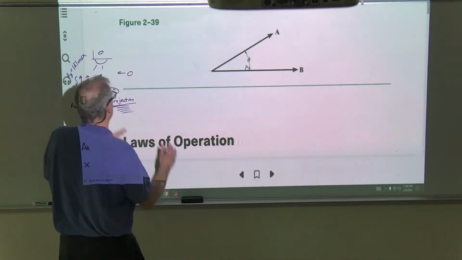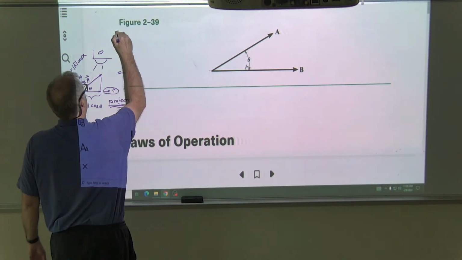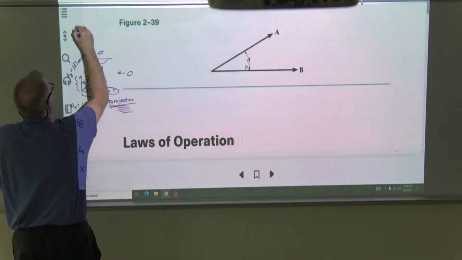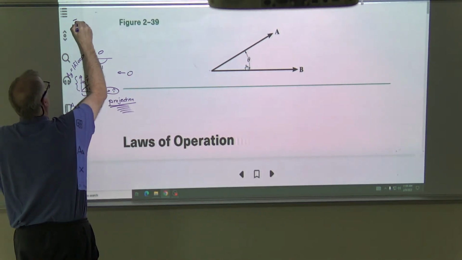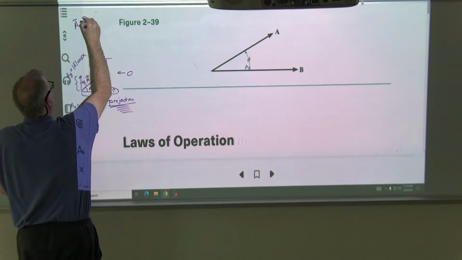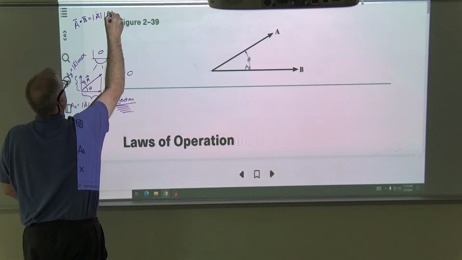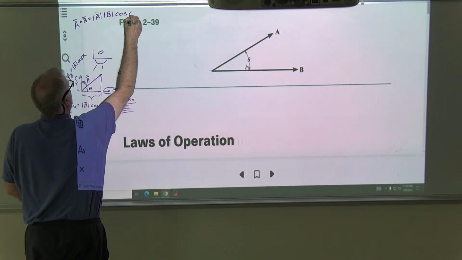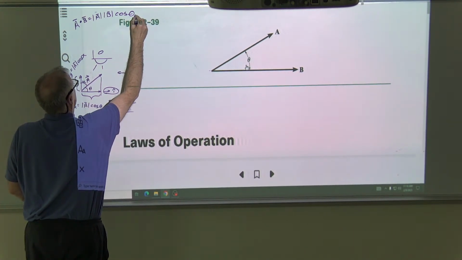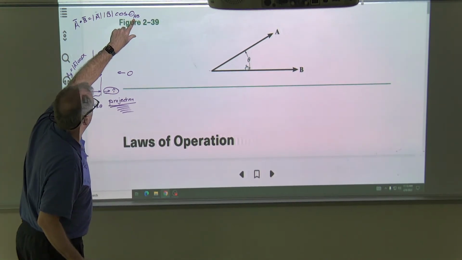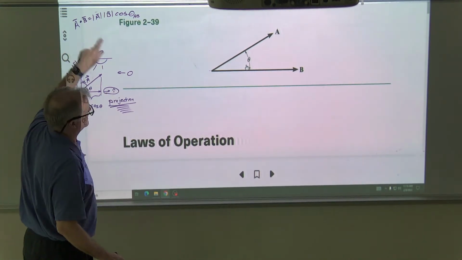A dot B is equal to the magnitude of A, magnitude of B, cosine of the angle between. In math they would write the angle between vector A and B, this vector and that vector.